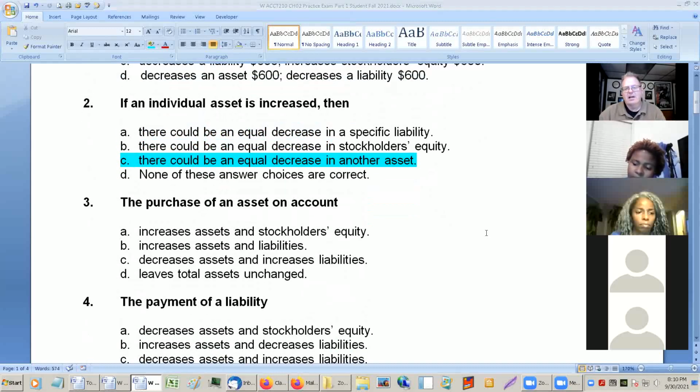Purchase of an asset on account. It split evenly, but I'll give you this one. So purchase of an asset on credit increases assets and liabilities. That's the right one, B, right? I got B. So your assets go up, but so do your liabilities.